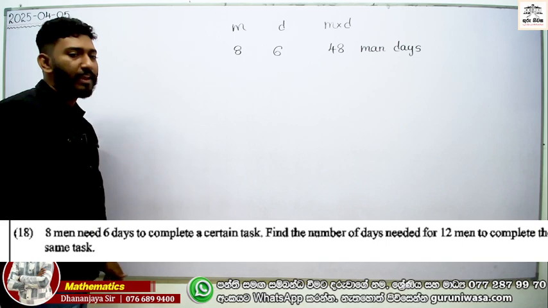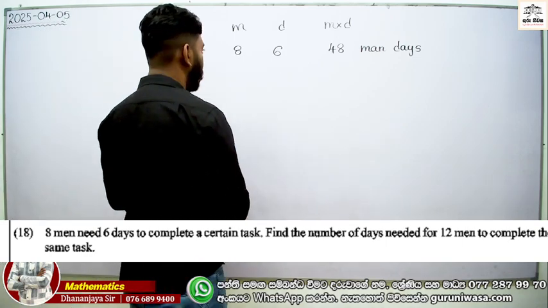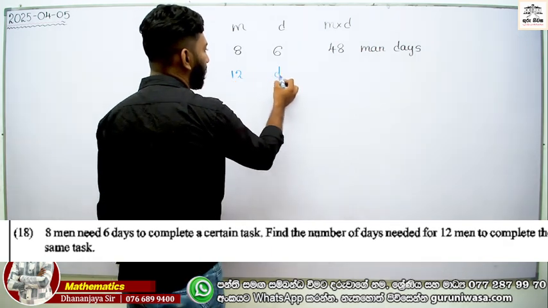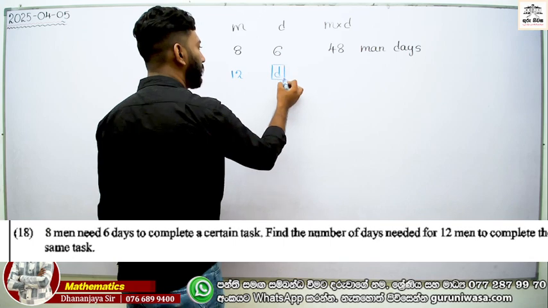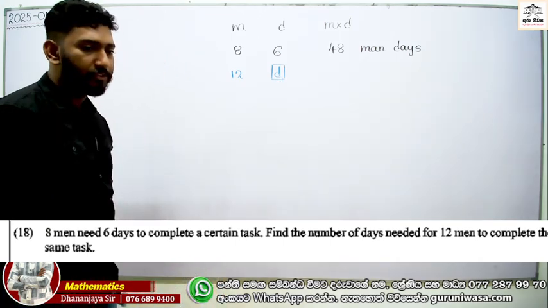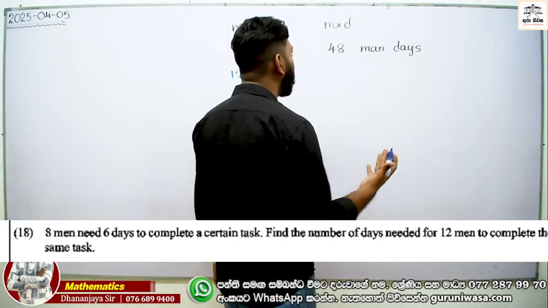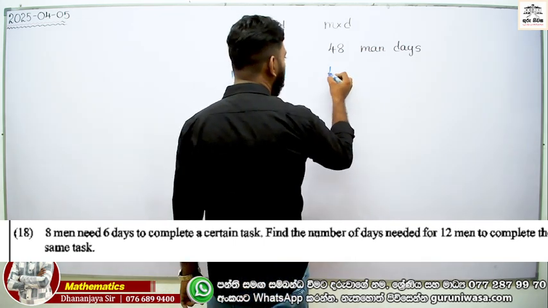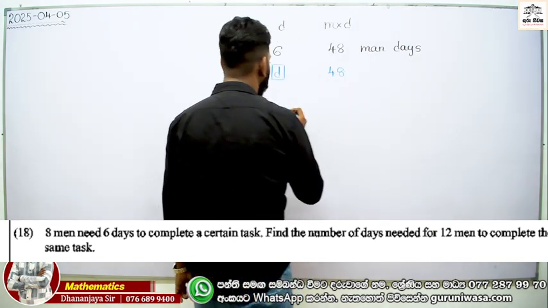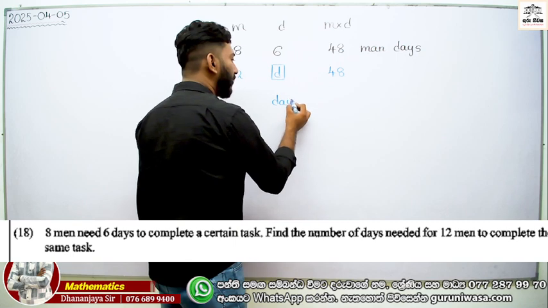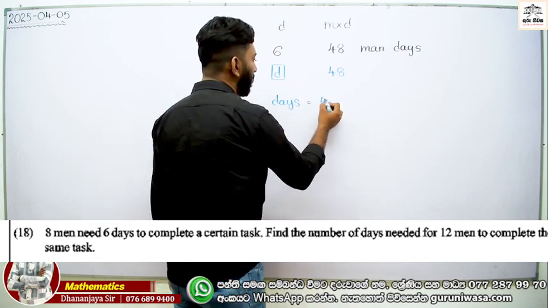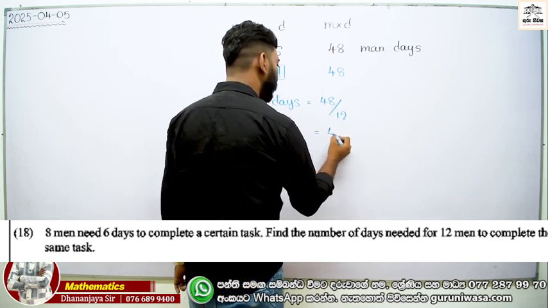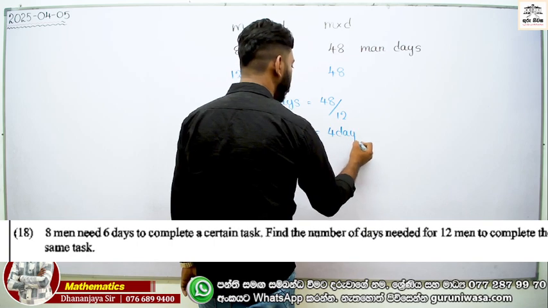Find the number of days needed for 12 men. Number of days we don't know. To complete the same task. Half of the task, double of the task, twice of the task, same task. Therefore, this should be 48. And now the number of days equals 48 divided by 12. Then the answer becomes 4 days.